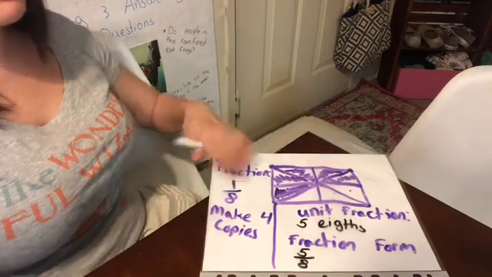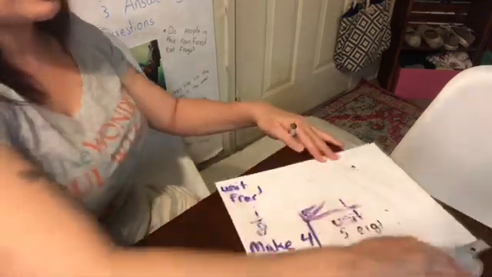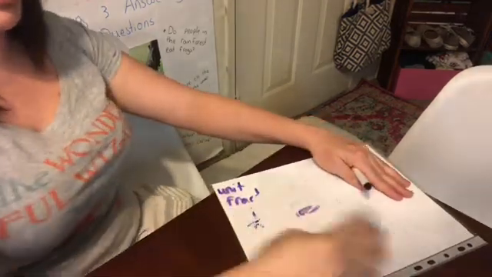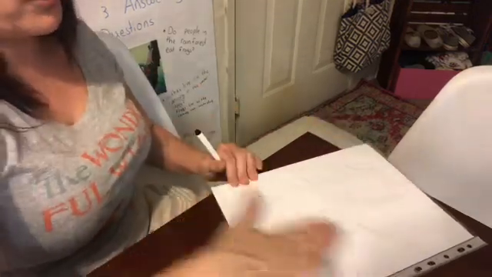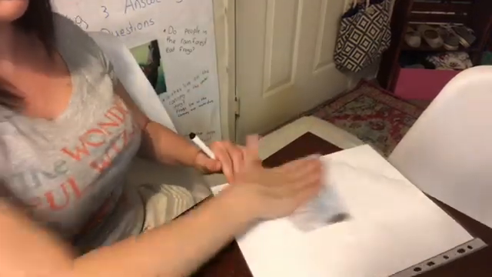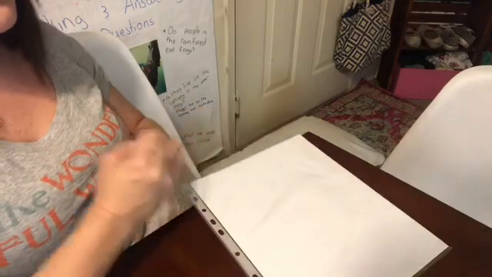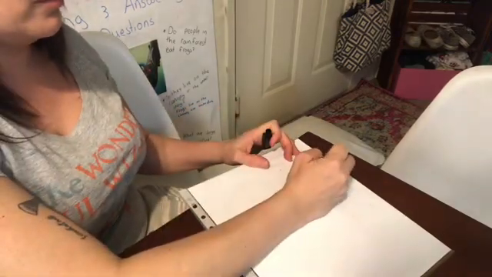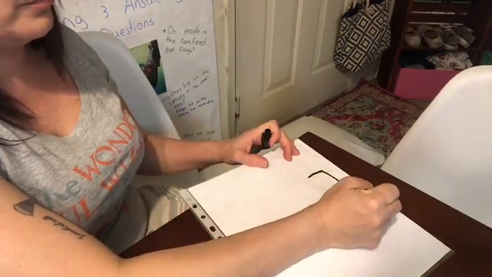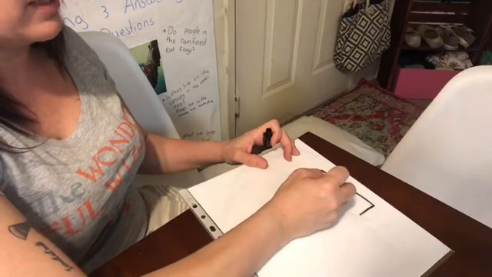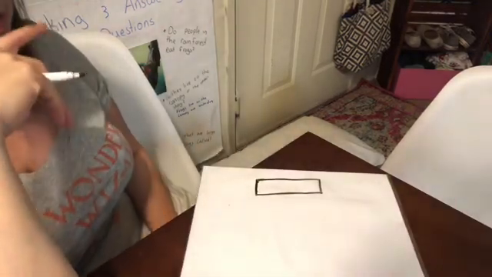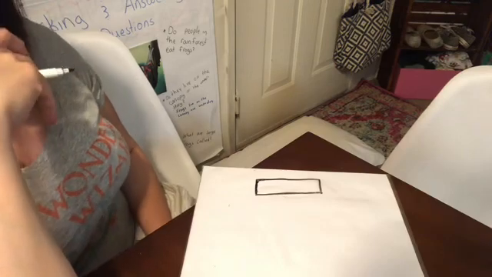Once you have done that part of the activity, go ahead and erase your boards, or just turn to where you have more space in your journal if you're using your journal, and draw for me a rectangle. And I'm gonna make this one long and skinny to make it a little different than the ones I've been drawing. I wanna partition this rectangle in fourths.